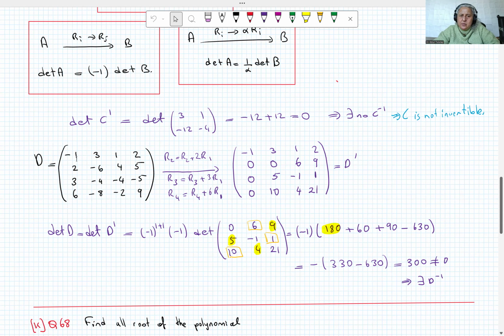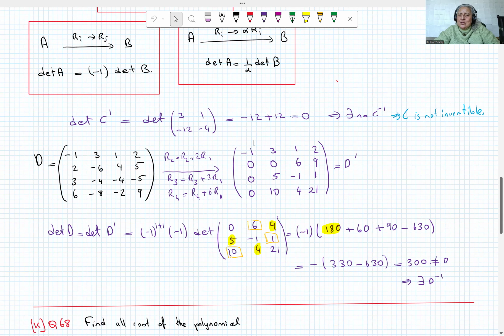Each of these row operations, 2 times this add here, 3 times here add here, 6 times this add here will make those ones 0. And none of these operations will change the determinant. So the matrix that we obtain here by using the row operations is D prime, and the determinant of D is equal to determinant of D prime. That's what I'm saying here.